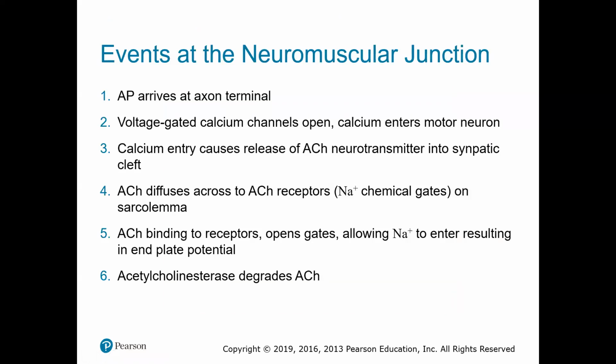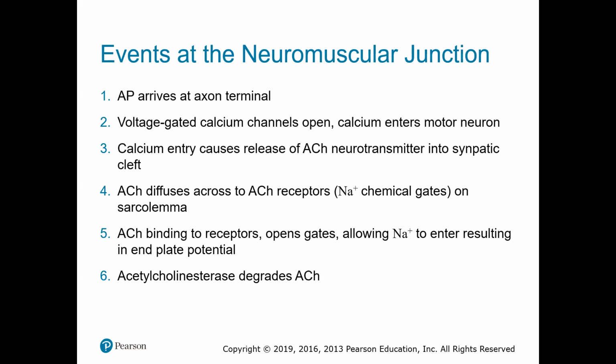So have we got a contraction yet? No, not yet, but we're getting close. The action potential in the nerve comes down to the axon terminal. Nerves generate action potentials. That's what we call the nerve impulse. When it hits the axon terminal, there are voltage-gated channels for calcium present.